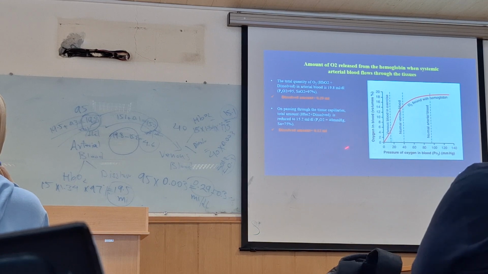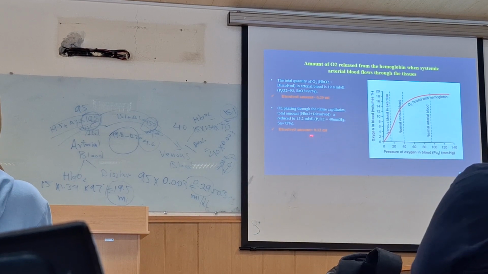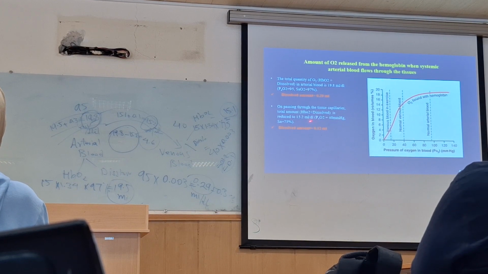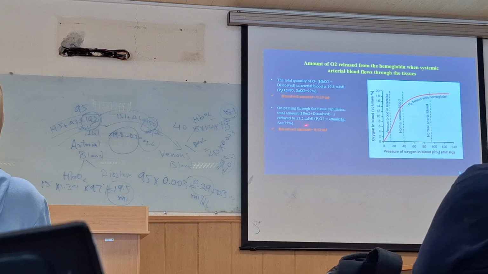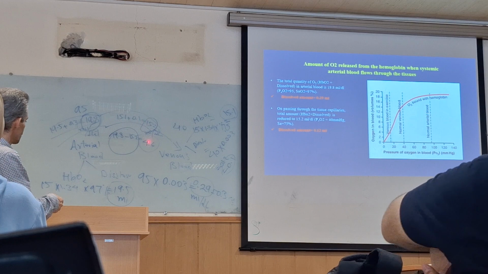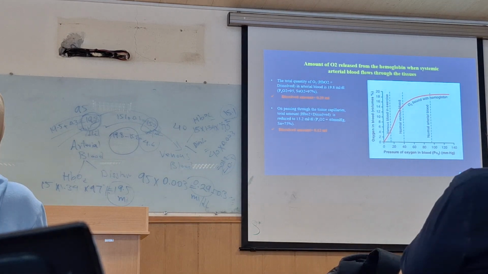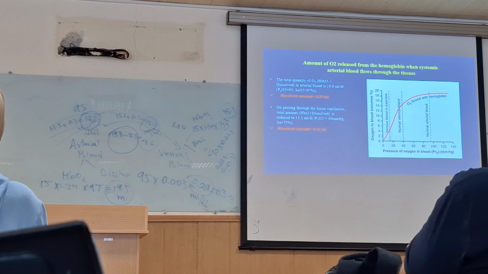But in each deciliter of venous blood, you can see only 15.2 milliliter of oxygen, and from this amount, 0.12 milliliter relates to dissolved and the remaining to oxyhemoglobin. By this, we can calculate the amount of oxygen absorbed or delivered into the tissue.